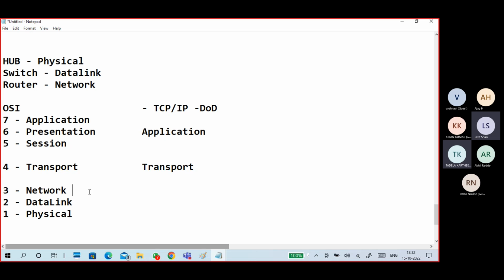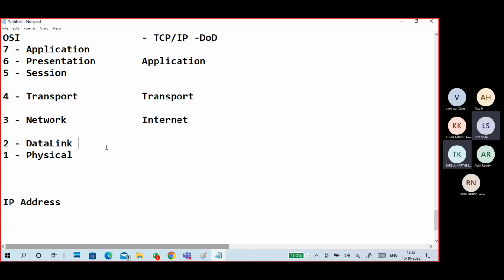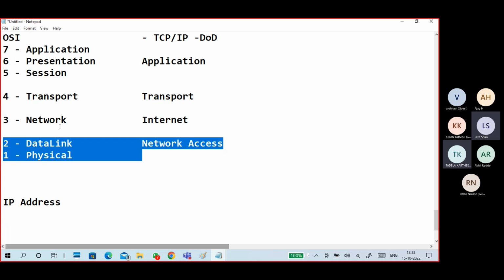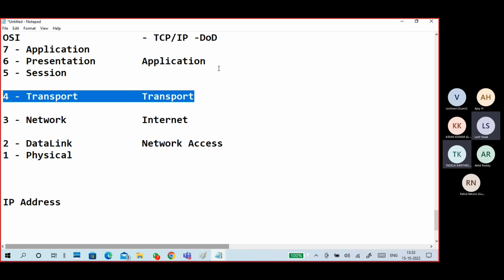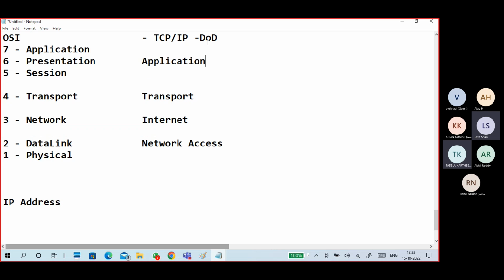The network layer we call here the internet layer, and the data link and physical layers are the network access layer. These three are the application layer as per TCP. We are all using the TCP/IP model.